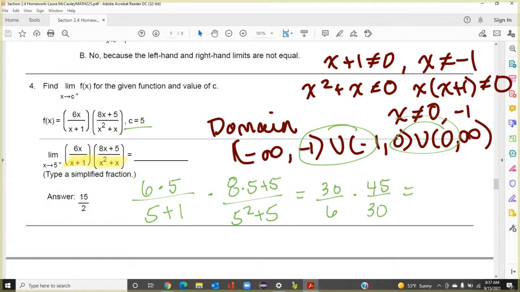So then the 30s divide out. 3 goes into 6 twice, 3 goes into 45 15 times, so we end up with 15 halves. Okay, so we weren't approaching a trouble spot, so rational functions are continuous everywhere, except where their denominators are 0. So we only have a problem where the denominator is 0.